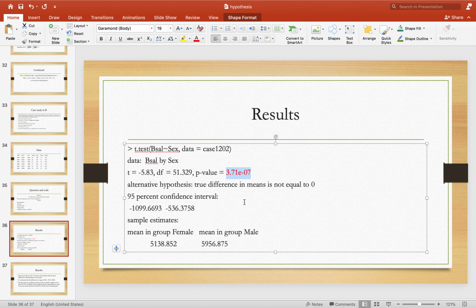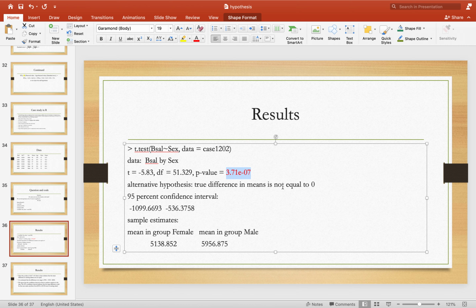So the p-value is 3 times 10 to the minus 7th. And the alternative hypothesis is that the difference in means is not equal to 0. So this is quite strong evidence with this p-value that men do not make the same wage as women, because the p-value is much, much less than 1%.